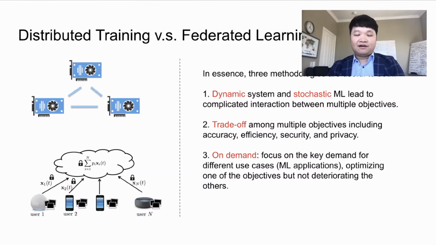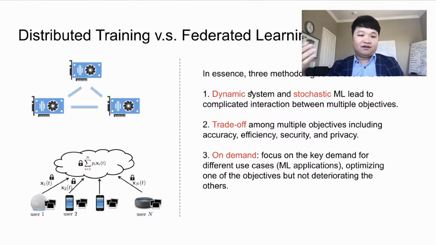So in this talk, I mainly want to highlight three methodologies to handle these challenges. The first methodology is that we should think from the perspective of dynamic systems and stochastic machine learning, which may lead to complicated interaction between multiple objectives. Multi-objective means we may want to improve accuracy, efficiency, security, or privacy.